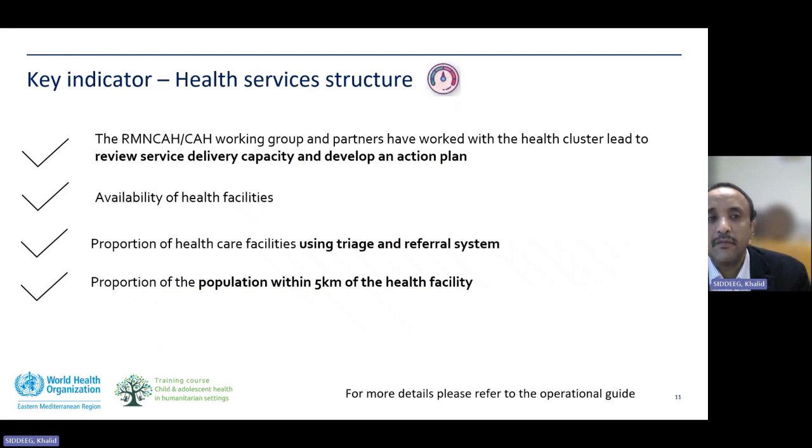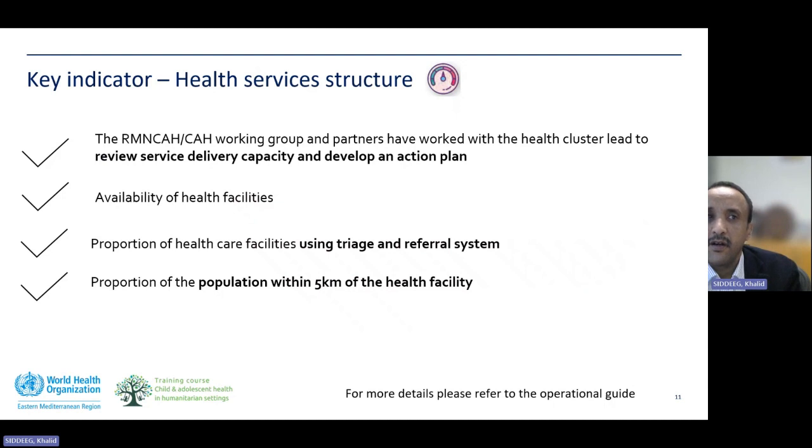These are also a few of the proposed indicators for health service structure. We need to measure whether the working group and partners have worked with the health cluster to review the service delivery capacity and develop their own action plan for child and adolescent health. And also we have some indicators on availability of health services and health facilities.